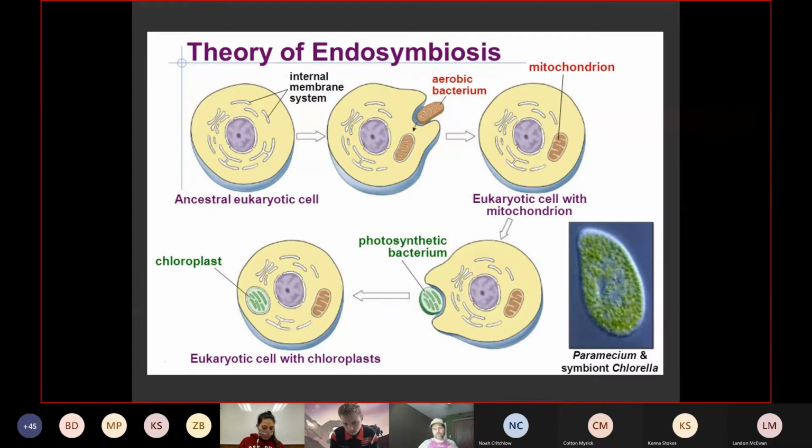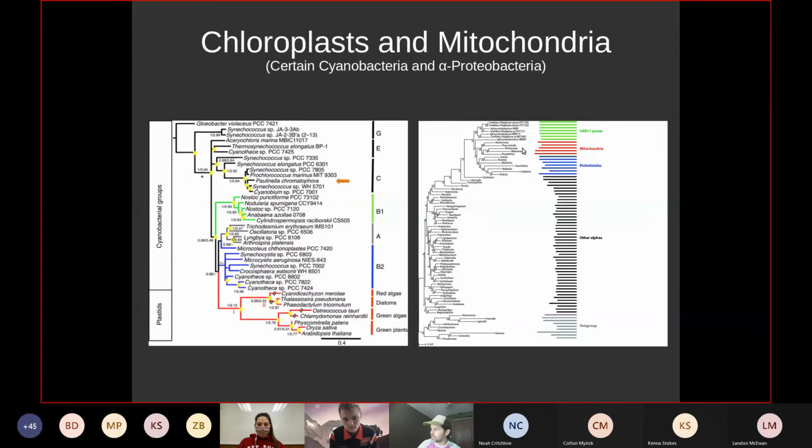Okay. Over time, we've actually been stuck here with bacteria in our cells for so long that they can no longer survive outside. And so if you take one of these strains of alpha proteobacteria that is now an endosymbiont, take it out of the cell, it's not going to make it.